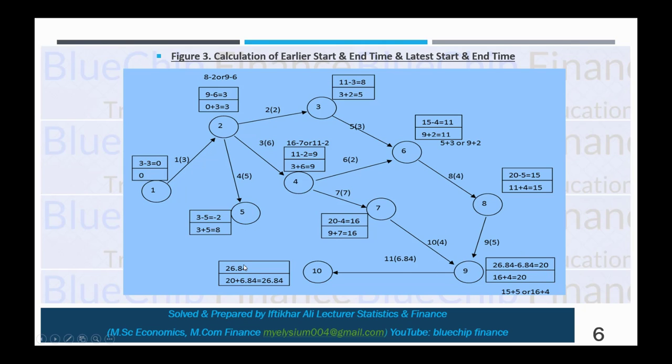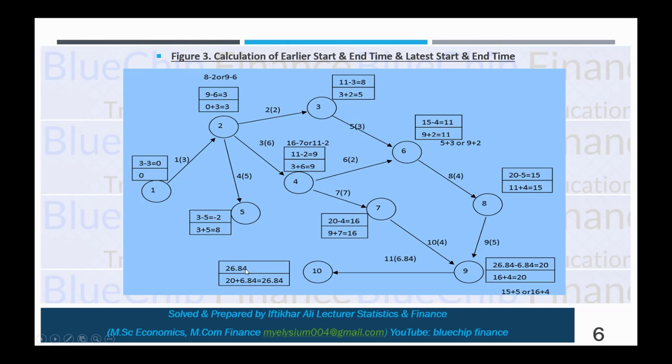After the calculation of forward pass, now we come to the calculation of backward pass. Just as you start from the first node in the forward pass, whenever you calculate the backward pass, start from the last node. So what is the forward pass maximum sum? That is 26.84, so take this 26.84 in the first backward pass. Now we will discuss the upper rows and leave the bottom rows for the moment.